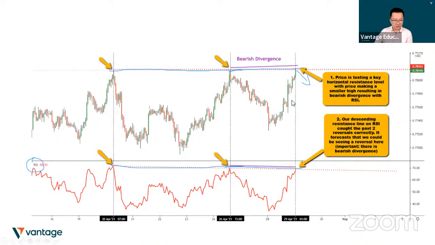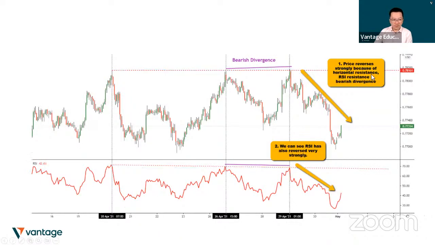Because of that bearish divergence, on 1 point, on 2 points, or 3 points, you can see that it rejected that resistance level and pushed towards the downside.